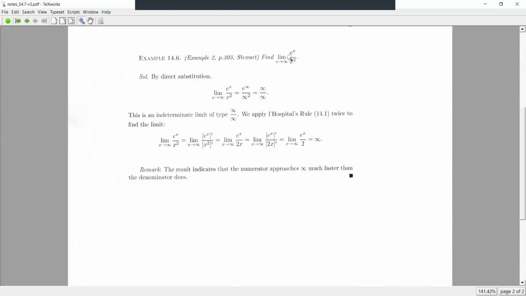So the ratio approaches infinity. The numerator approaches infinity exponentially, the denominator approaches infinity algebraically. Exponentially to infinity is faster than algebraically to infinity. So the quotient is infinity. The answer is infinity.